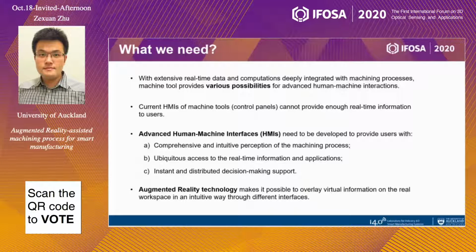Therefore, we are aiming to develop and advance the human-machine interfaces to provide users with the following features: a comprehensive and intuitive perception of the machining process, ubiquitous access to real-time information and applications, and instant and distributed decision-making support. So in this case, AR technology turns out to be a key technology to overlay virtual information on the real workspace in an intuitive way through different interfaces.